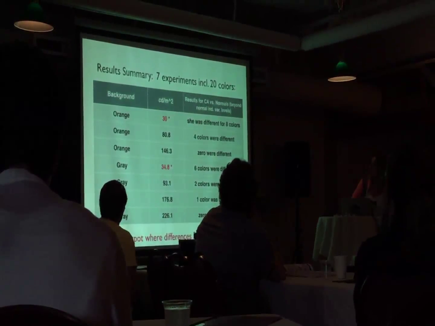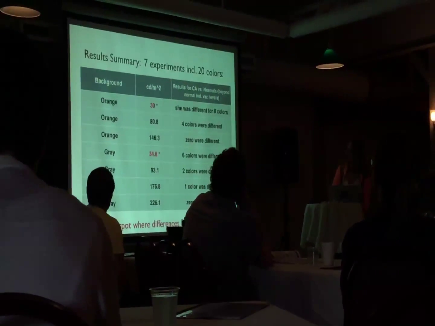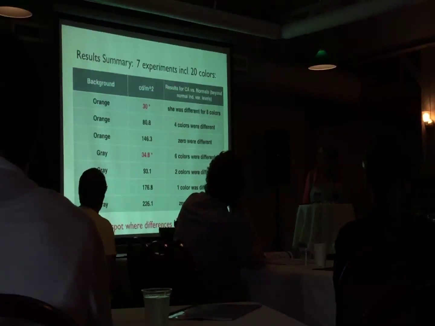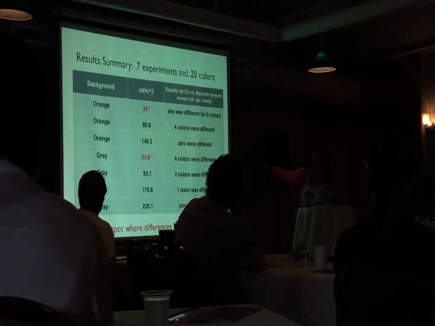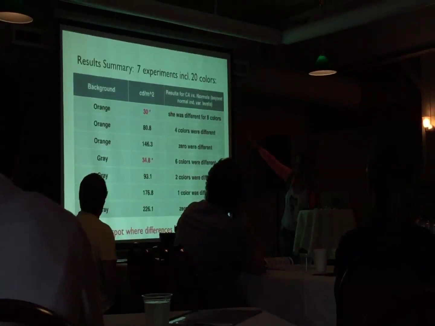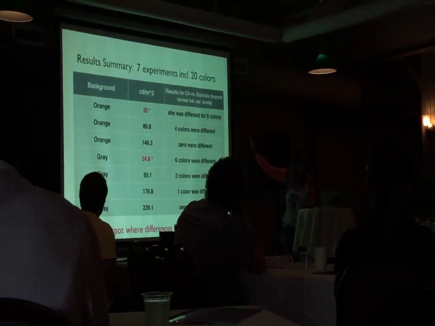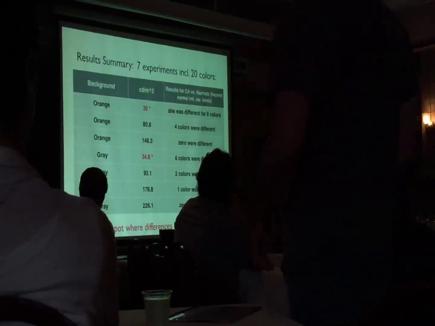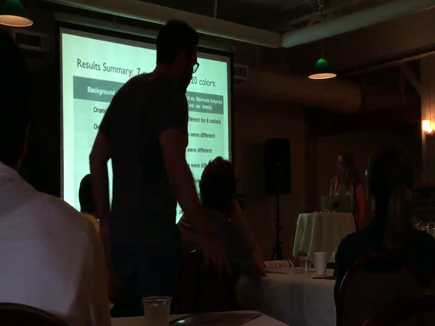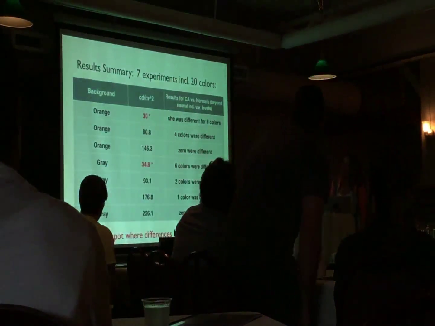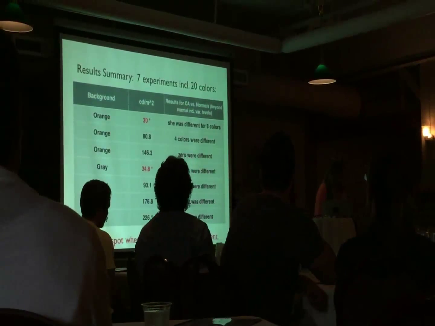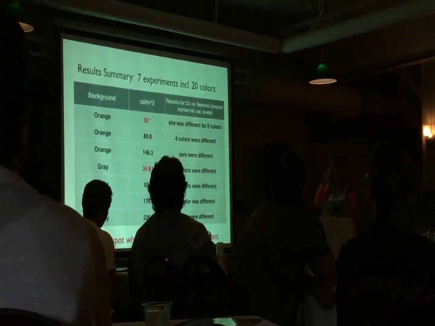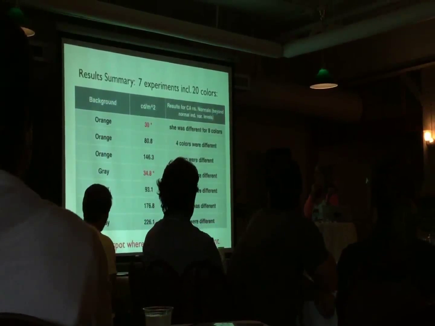To summarize, we ran 7 experiments. I presented data from 2 here. The overall results found that the subject tended to be most different at the lower luminance levels, which was interesting because it was suggested from her art that we would see this, so we built it in and found it.